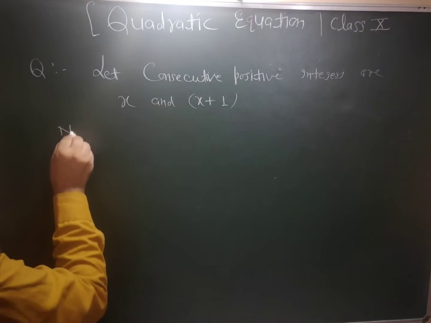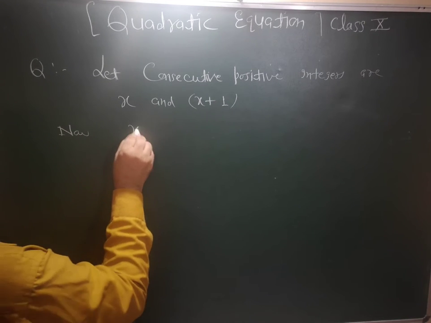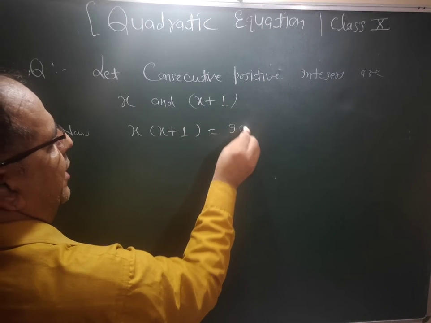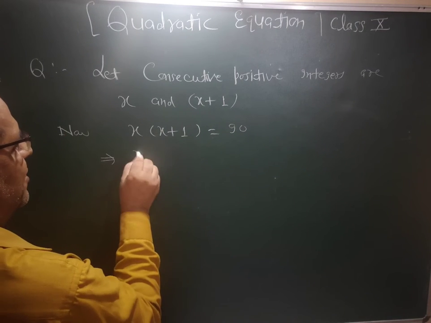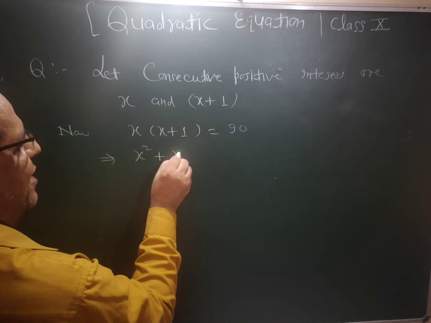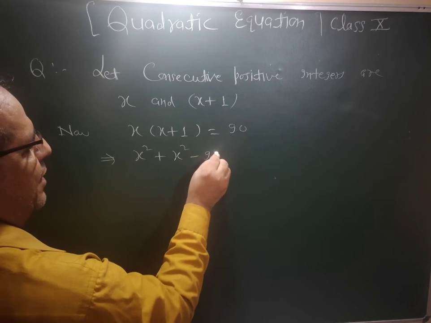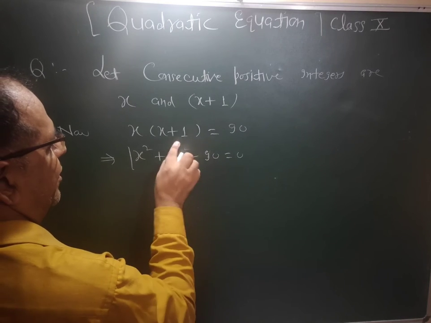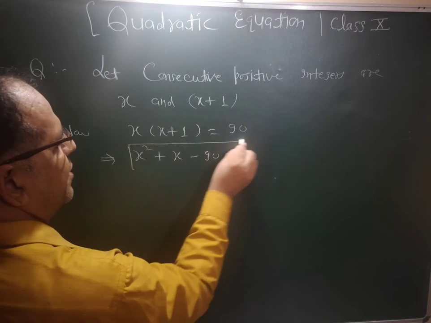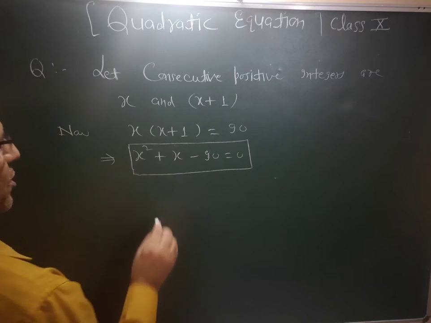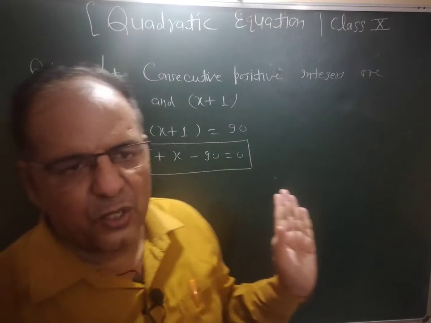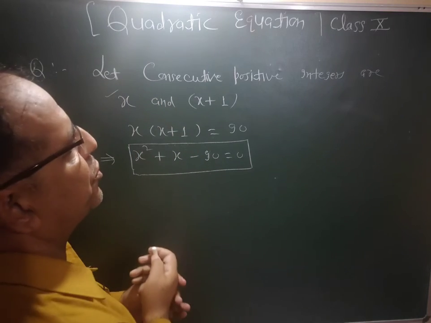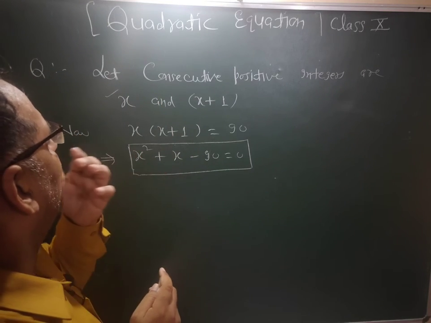Now according to the question, x into x plus 1 equal to 90. Arrange this equation as x square plus x minus 90 equal to 0. This is the required quadratic equation. After solving this, we can find the value of x, and after it we get the consecutive positive integers as per our requirement.